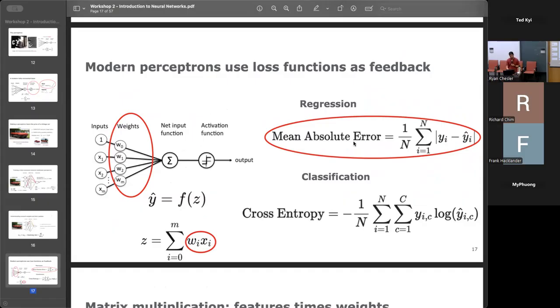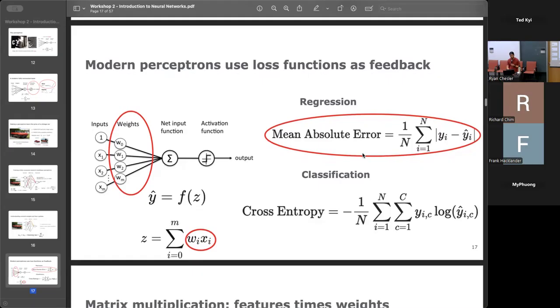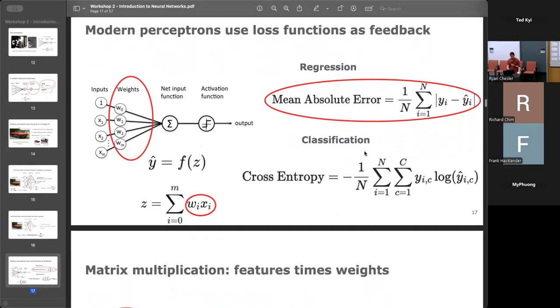It's basically saying what's the distance between the prediction and the actual label, and then taking the absolute value of it. So we don't care if it was over predicted or under predicted. We just care how far away it was. Other options might be the mean squared error, or the root mean squared error, or some other function. But mean absolute error is a common one.